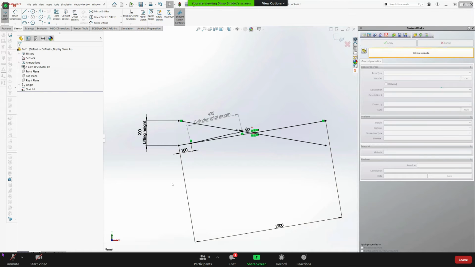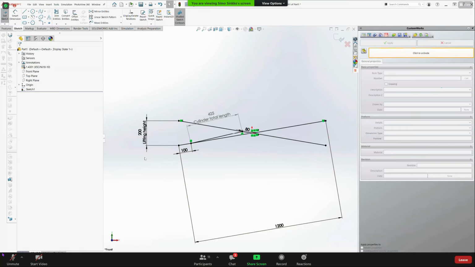Yes, yes, you're absolutely right. So the starting point is the point where we need the biggest force, and the cylinder force should be calculated in this position.